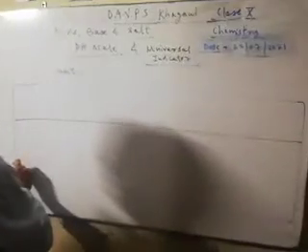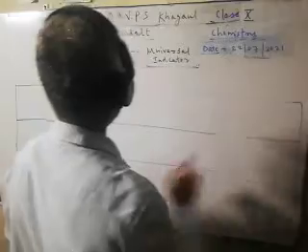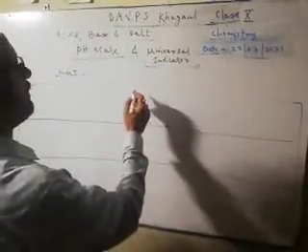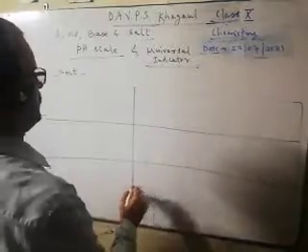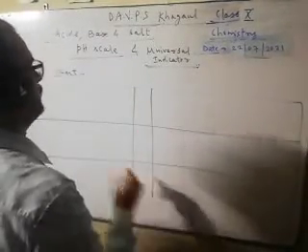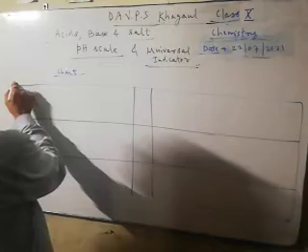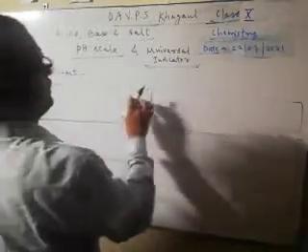Three columns we should make. In the middle we can put pH value.